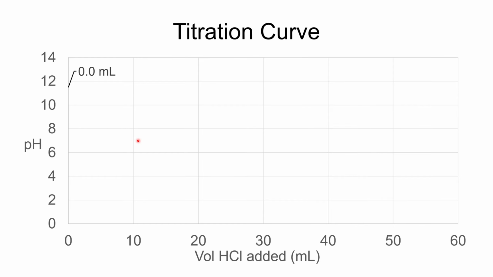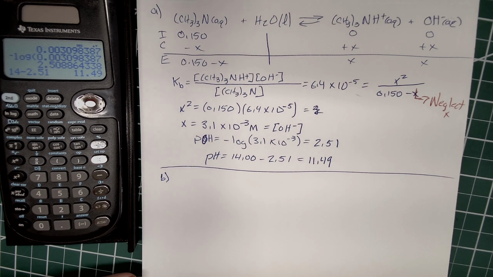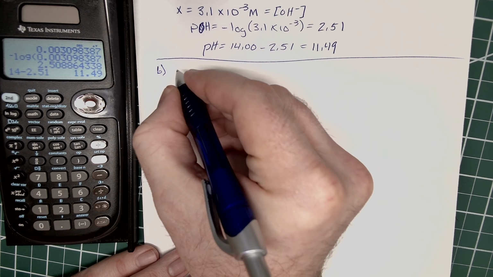All right. So next, we want to do the calculation at 20 milliliters. Now, I already told you a little bit ago that this one is in the buffer region. So it is in the buffer region. So let me show you how we do the calculations for this. So we're at 20 milliliters.